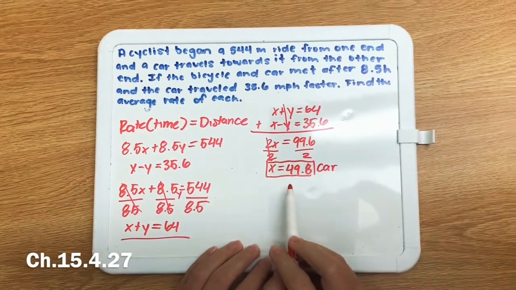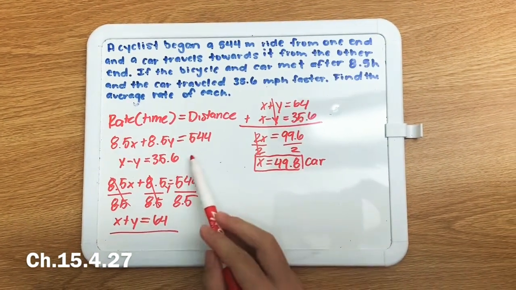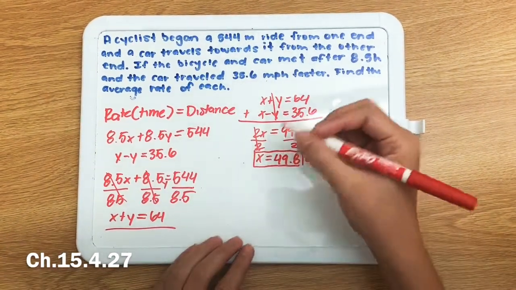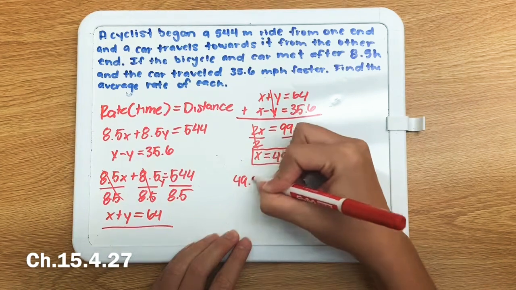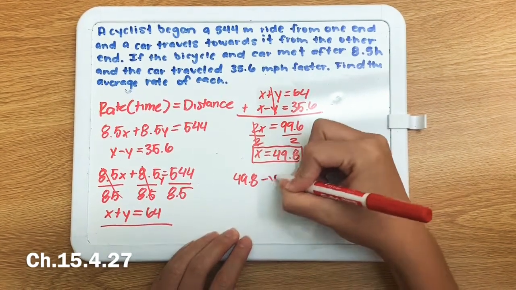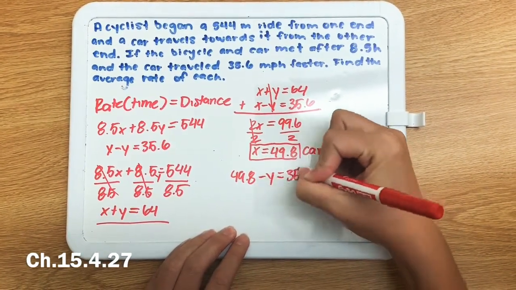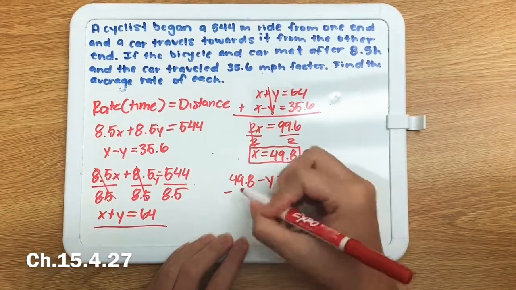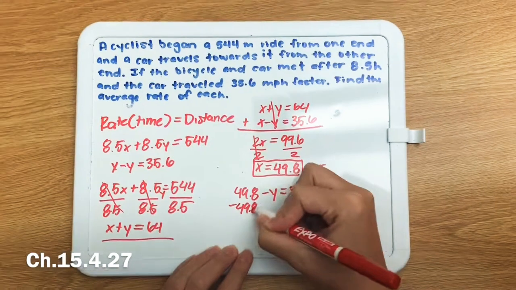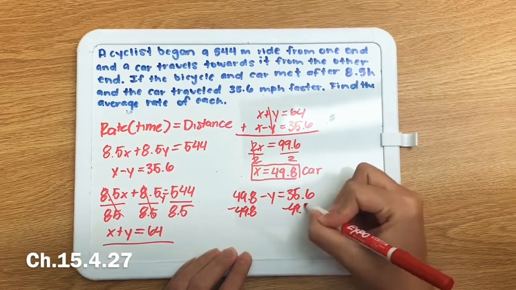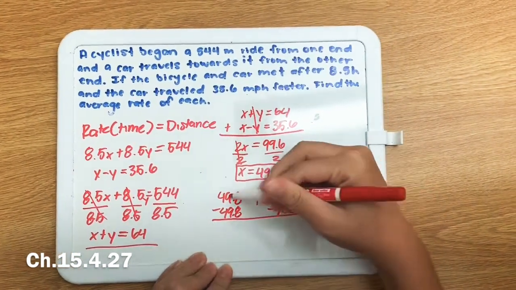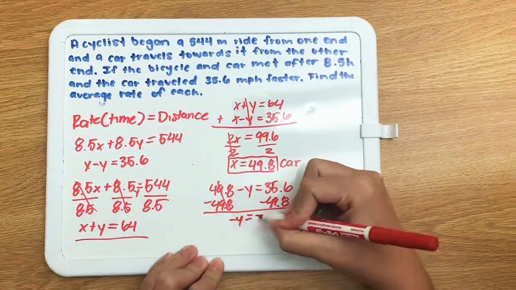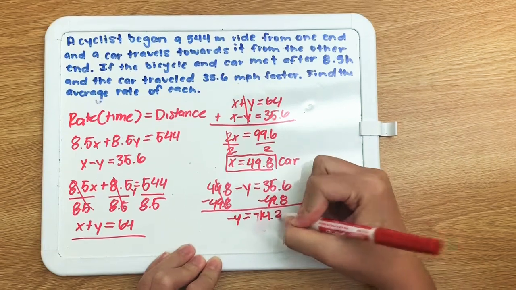So since we found x, we're going to plug it into one of the two equations. We're going to go with the second equation because it's easier to solve. So we take 49.8, which is our x, minus y equals 35.6. And because we're finding y, you're going to subtract 49.8 from both sides. So that cancels out, and it leaves you with negative y equals 14.2.